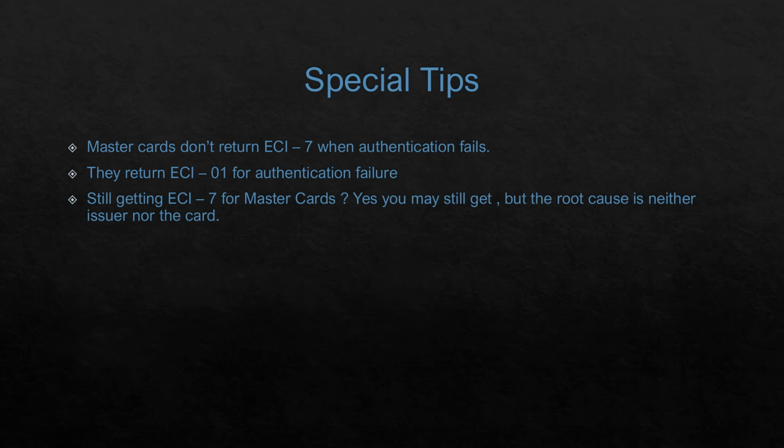I'll be making a separate video to discuss in detail how to handle these ECI 7s and get a higher success rate without much trade-off, still keeping the SCA intact and meeting all the regulations and guidelines of PSD2.